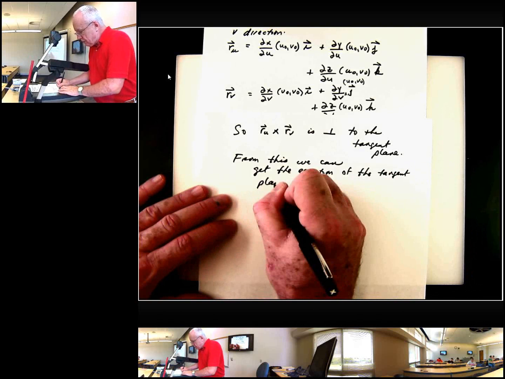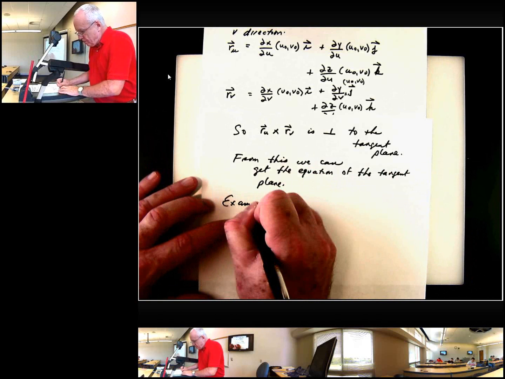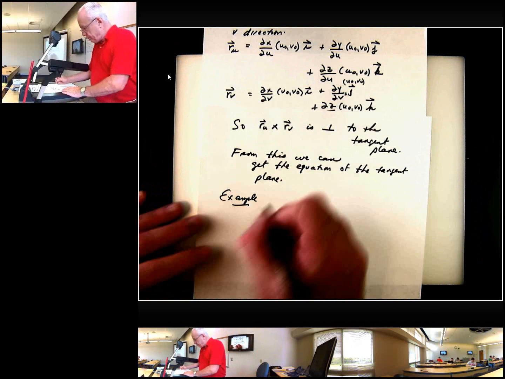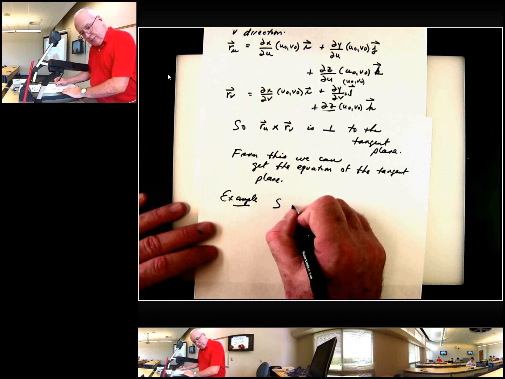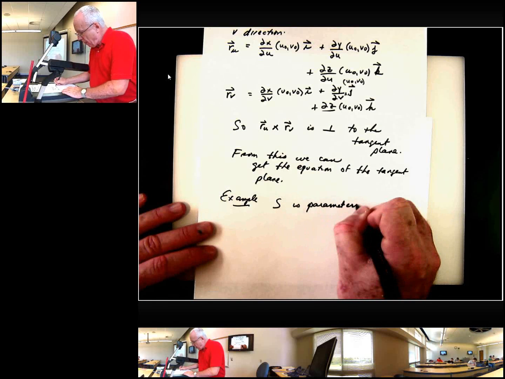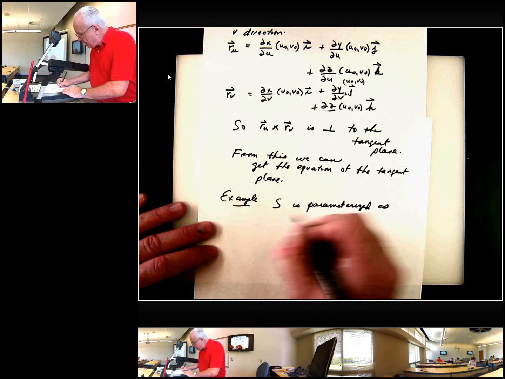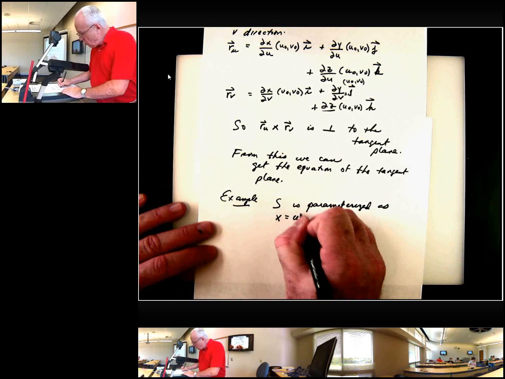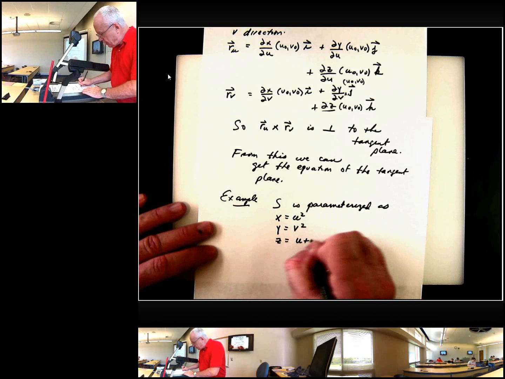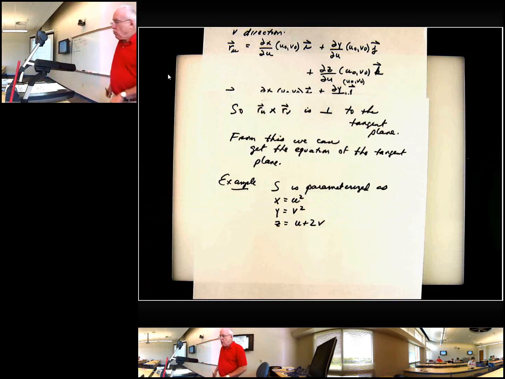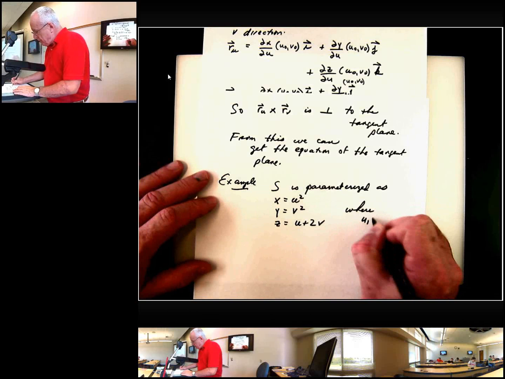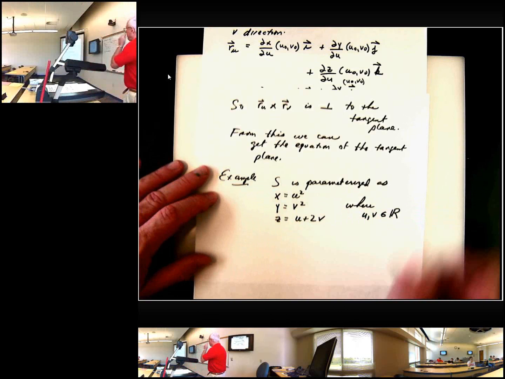All right, so let's look at an example. Say we have a surface, capital F, and it's parameterized as follows: x equal to u squared, y equal to v squared, z equal to u plus 2v, where u and v are any real numbers.